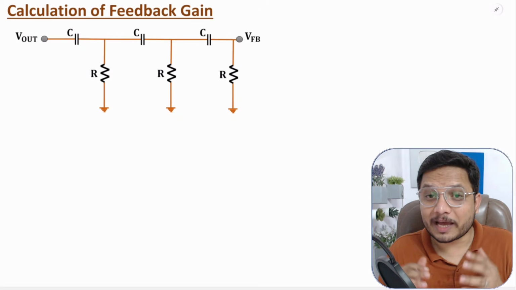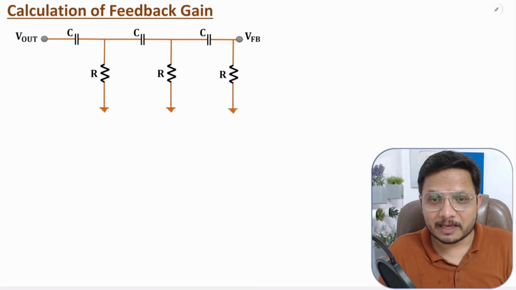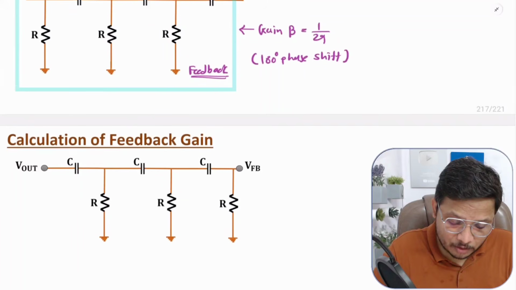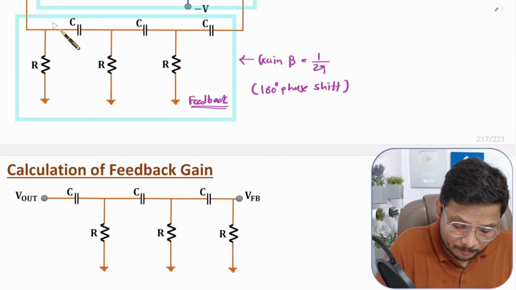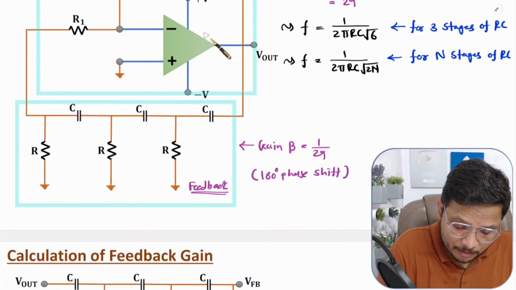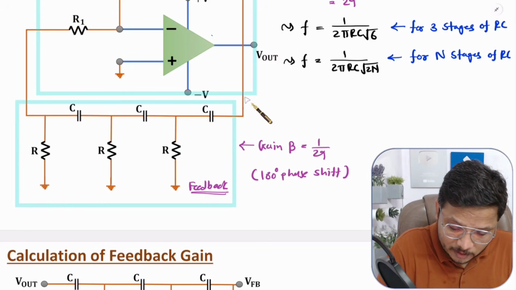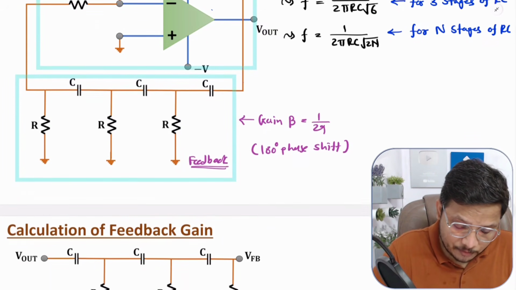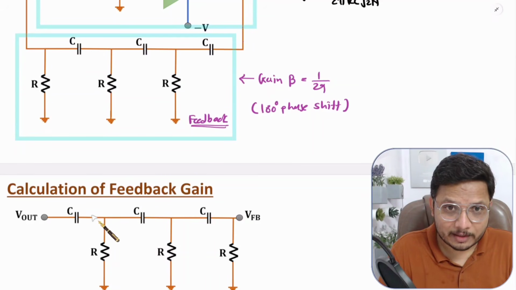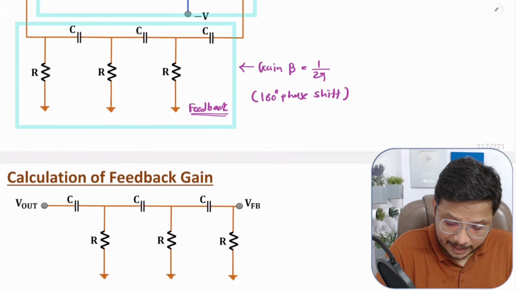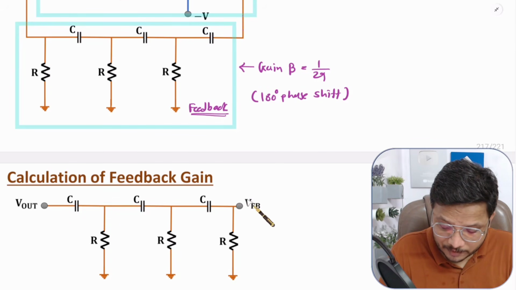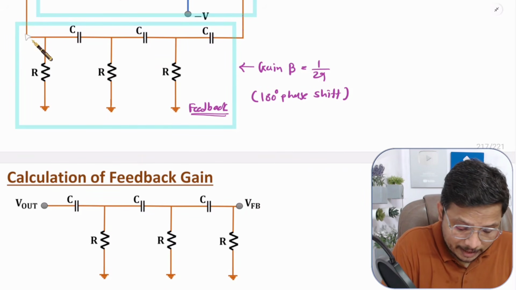Now I'll explain the calculation of feedback gain. Here you can observe this is the feedback circuit which we have connected, where with this OpAmp we are providing feedback. So this is V out, and here we have feedback voltage. If you compare that circuit, here we have V out and the feedback voltage VFB, right?